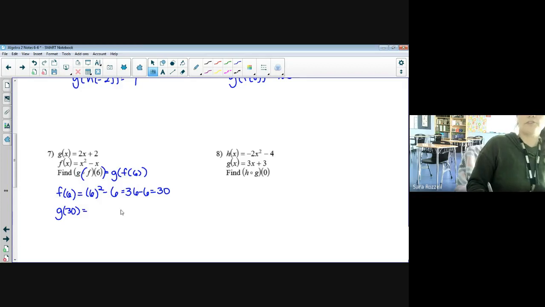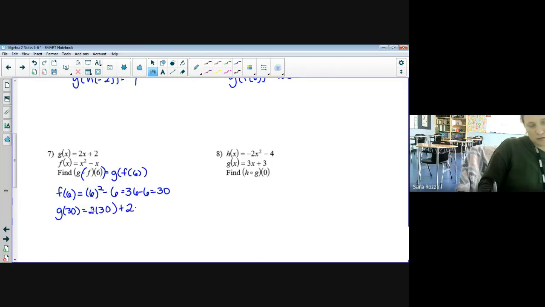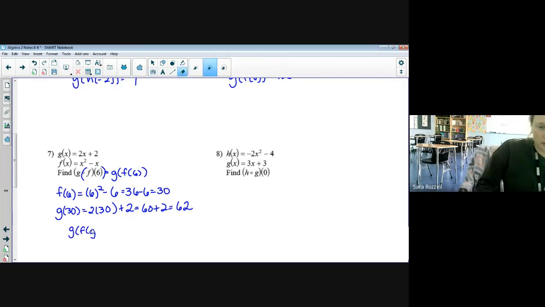Give me a thumbs up if you think you got it. Okay, so that is 2 times 30 plus 2, 60 plus 2, and that is 62. That's what I saw for most of you guys was 62. So our answer, G of F of 6, oops, I wrote a G. Sometimes I write a G instead of a 6. Of 6 is equal to 62.